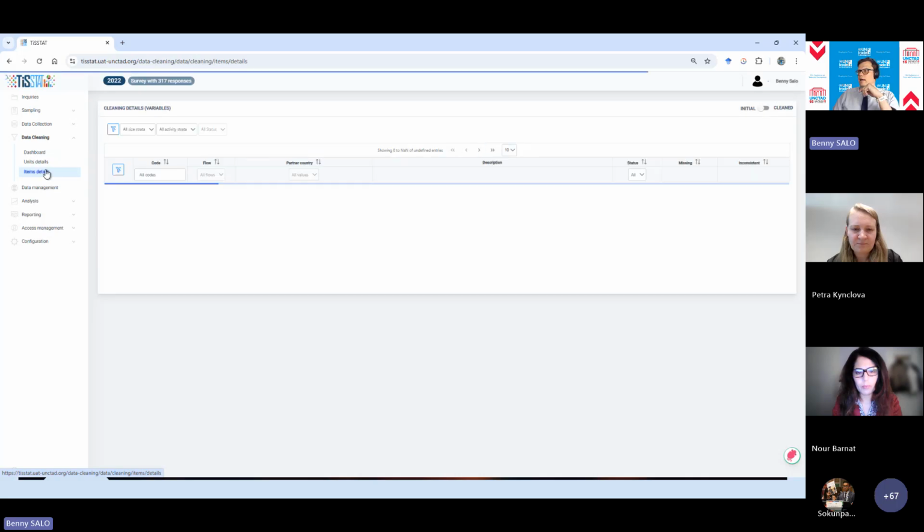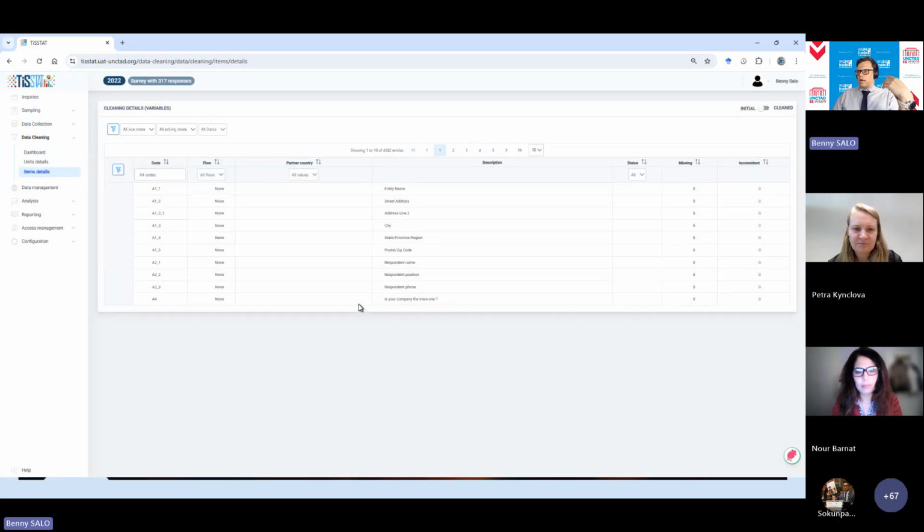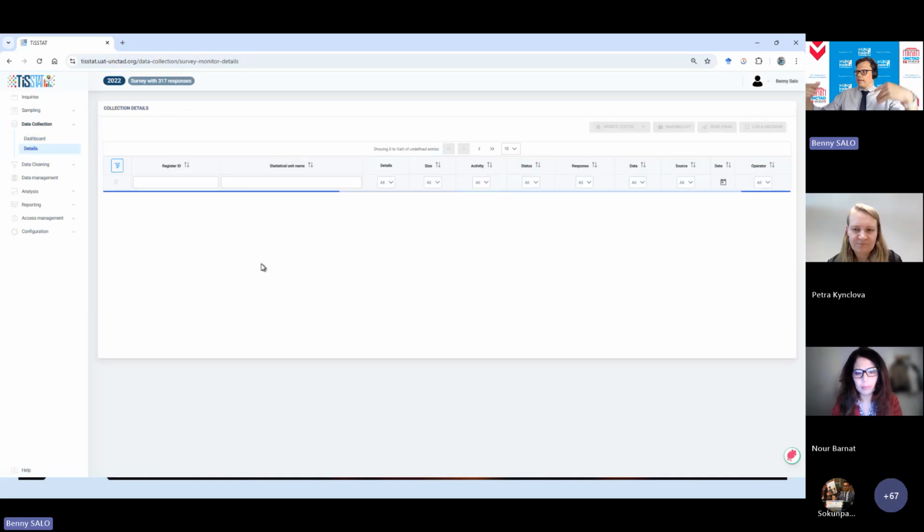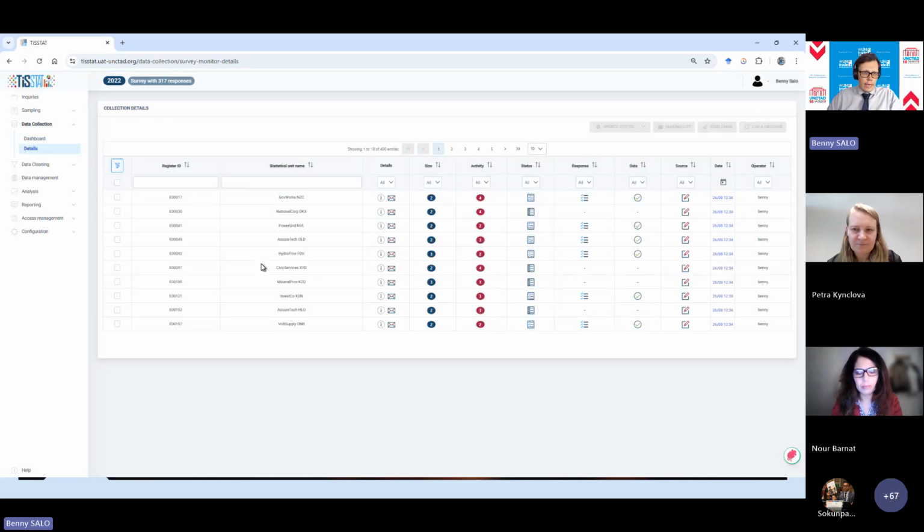One screen that illustrates this collaboration is in the data collection module, the details with the list of all the enterprises that you are interviewing. You're either sending online questionnaires straight through this application, or you have sent out paper questionnaires and are doing data entry. Everything happens in this screen.